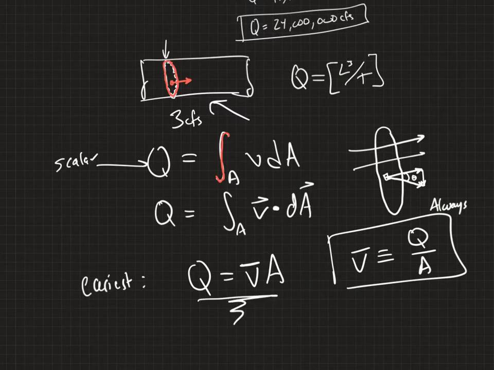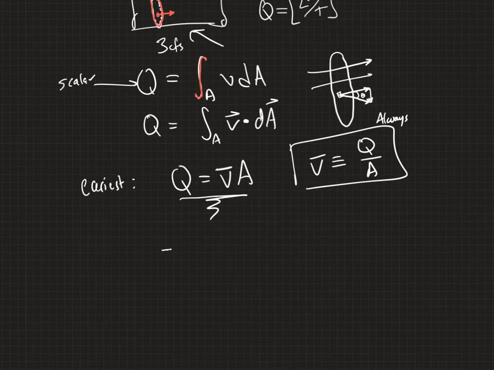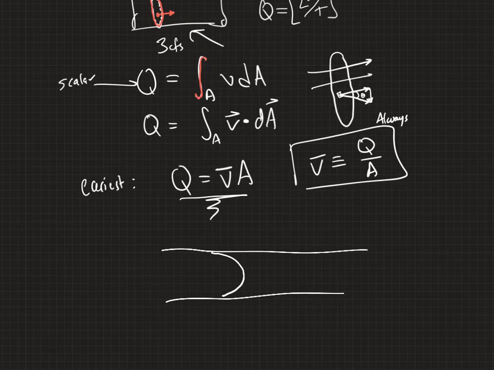And the reason, I guess it's always appropriate if you know the V average, but you don't always know the V average. So for example, if I gave you a problem that looked like this, here's a pipe or a river or whatever, and I told you the flow is like this. Well, you might want to use this because the equation looks nice and pretty. Because maybe you can pretty easily calculate the area of this pipe.